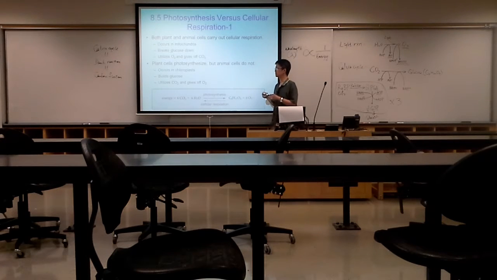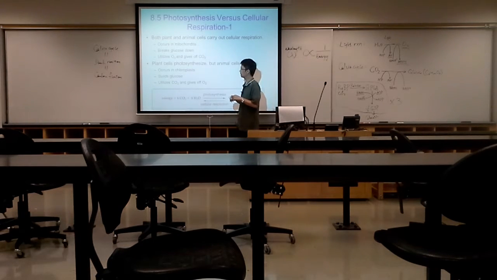Photosynthesis only occurs in plants. Animals, we do not do photosynthesis. It occurs in the chloroplast instead of mitochondria. The ultimate goal is to make glucose. The ultimate goal for cellular respiration is to make ATP.